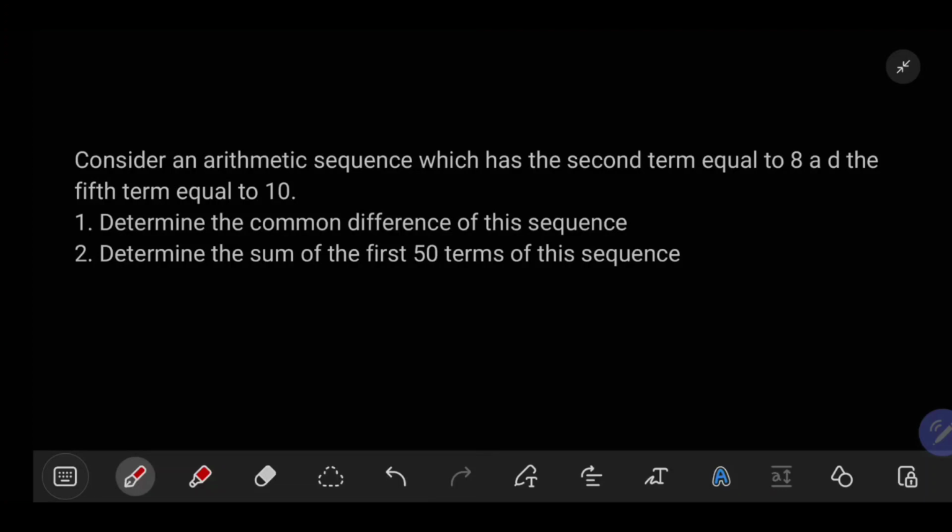Then they want the common difference of the sequence. The second term, T2, is equal to 8, and the fifth term, T5, is equal to 10.